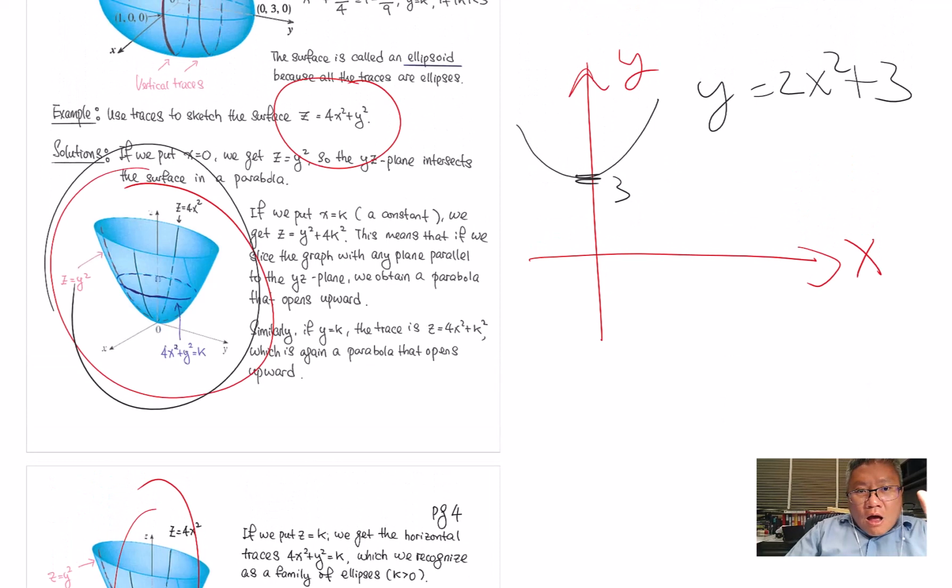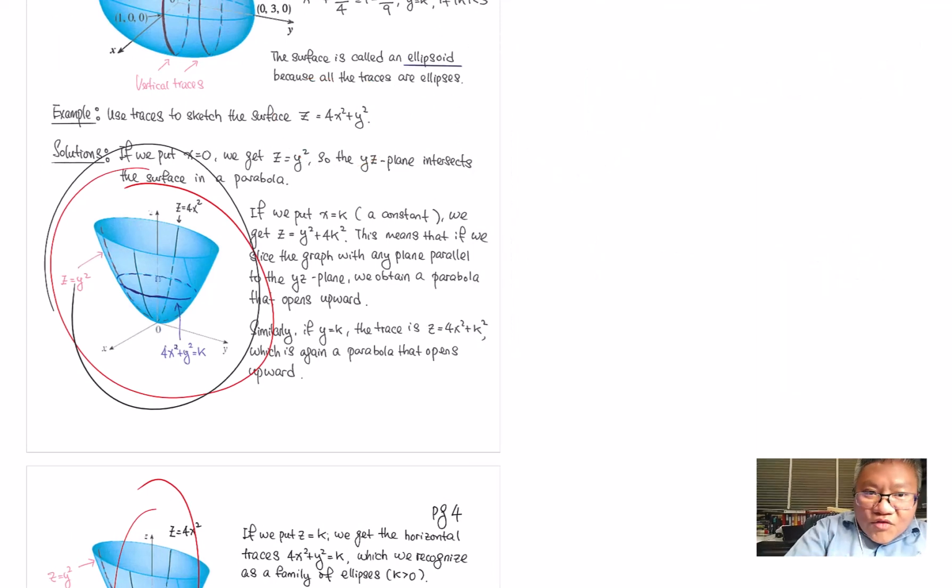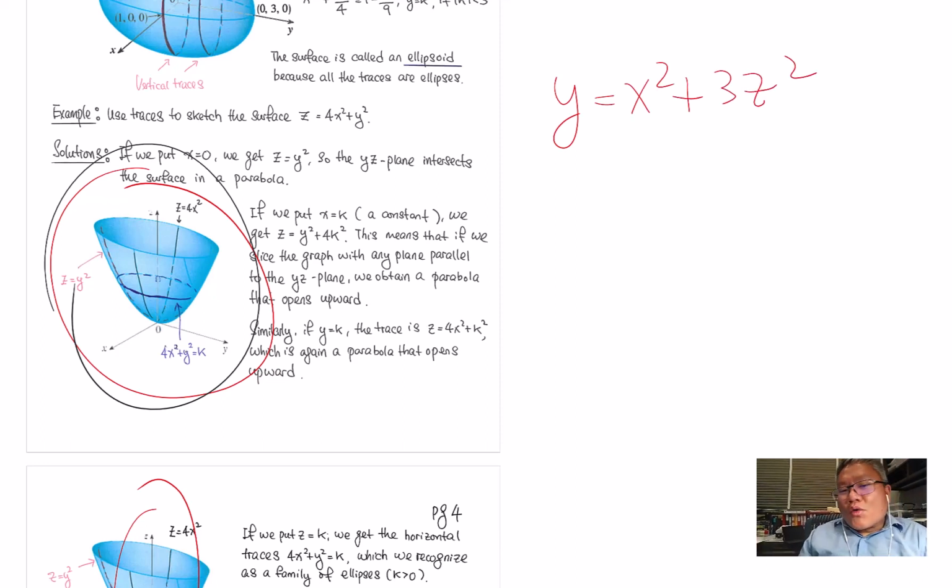By the way, this is just the beginning. Once you understand this, I hope that if I do something like y equals x squared plus 3z squared, then you will know it's still an elliptical paraboloid. It's just that things change. So how do you visualize this?